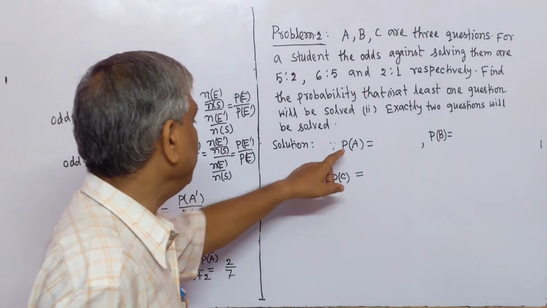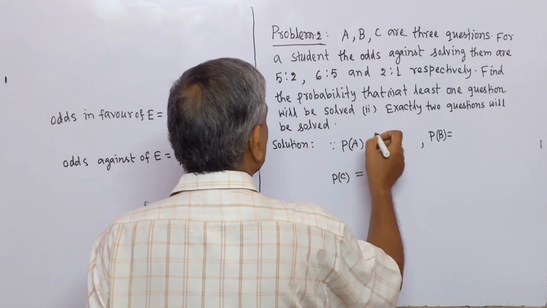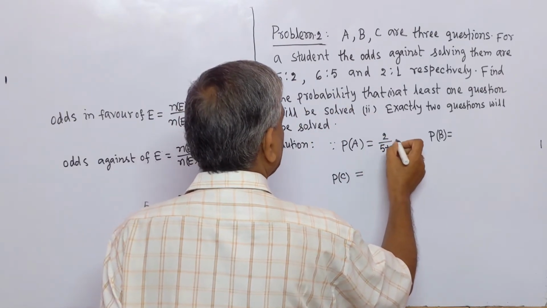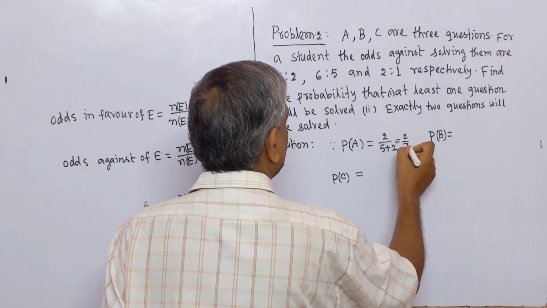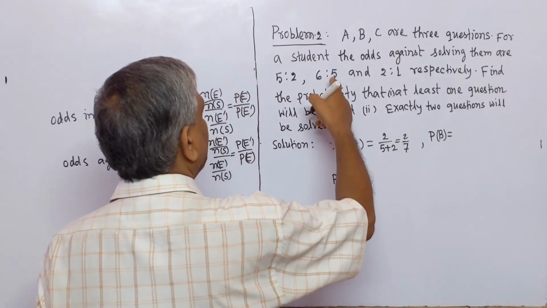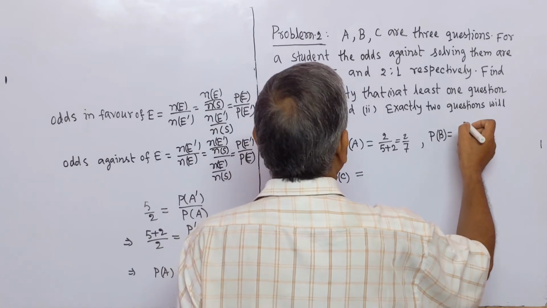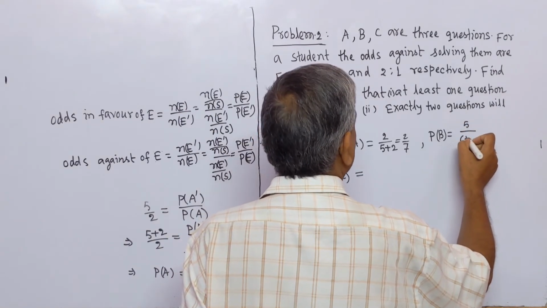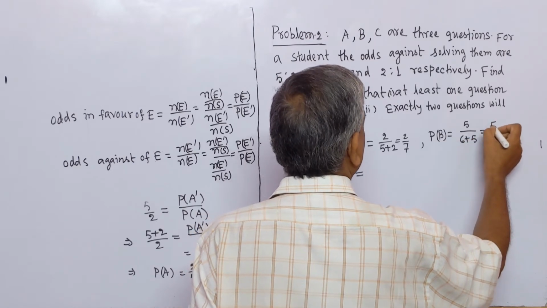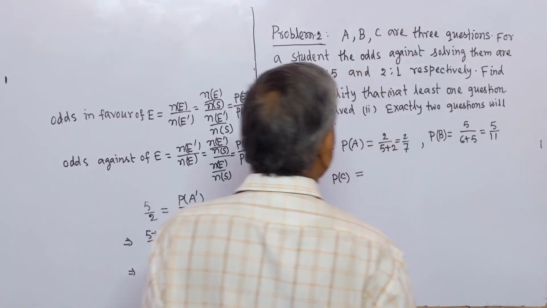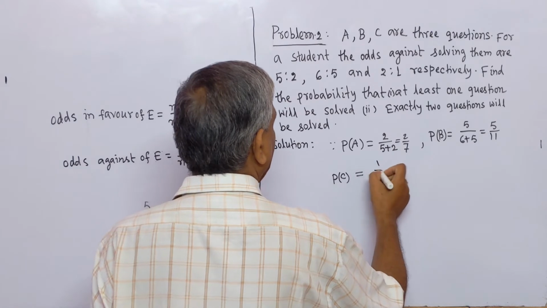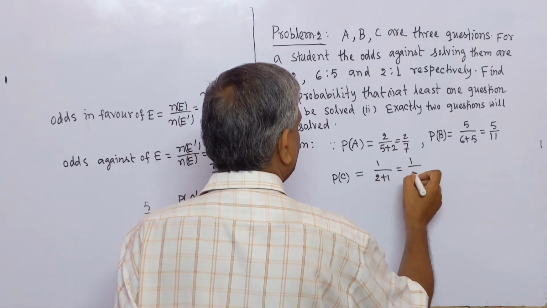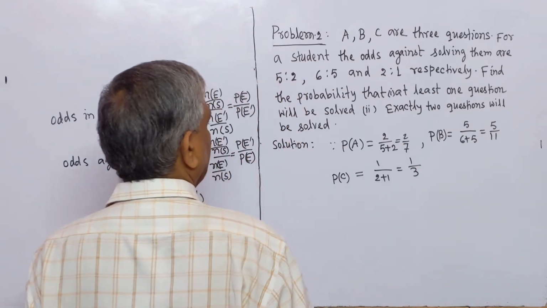Here PA is 2 by 5 plus 2, that is 2 by 7. PB will be 5 by 6 plus 5, that is 5 by 11. PC will be 1 by 2 plus 1, means 1 by 3.